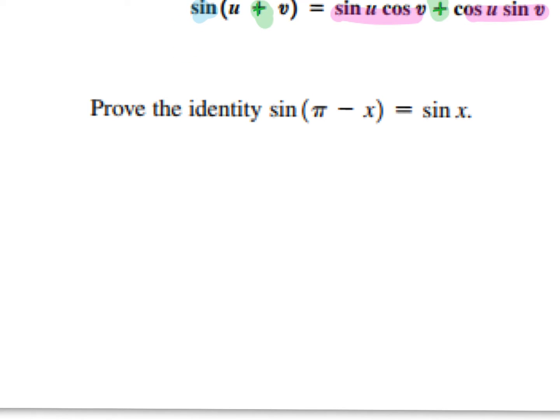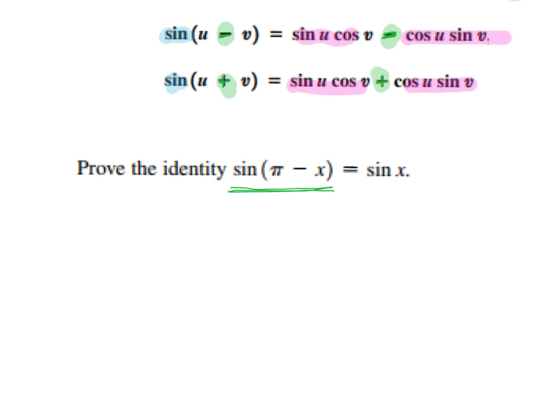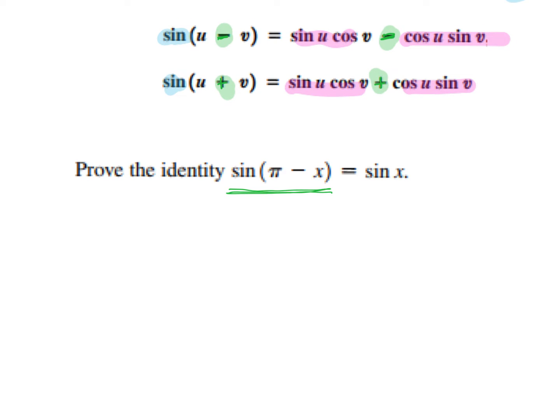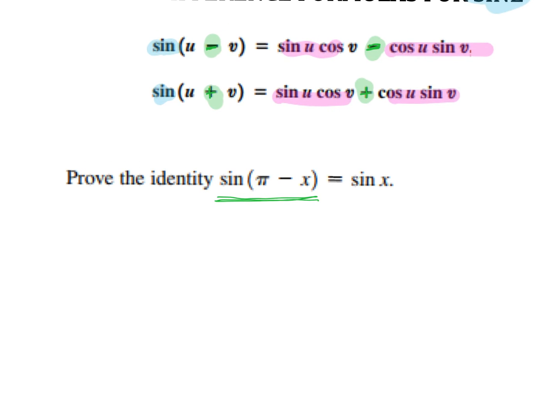Okay. This one, we're going to have a little bit different format because we are going to have to prove this. So I want you to notice we're going to have to focus our attention on this side, and we're going to plug in, and we better get for our final answer that it's equal to sine of x. It's nice to know this is where we're headed for our answer. We're going to have to use the first formula because it's sine of 2 angles that are getting subtracted.